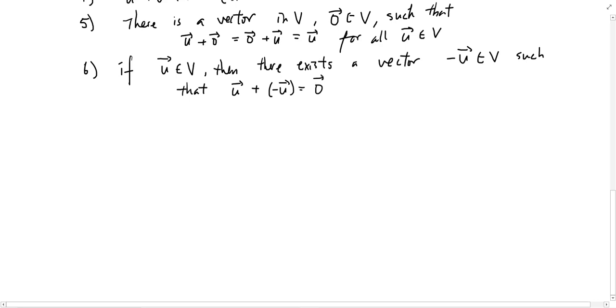That's called the additive inverse, meaning that if you have an object within this set, you must have an opposite object of that object within the set also, so you can undo each other.